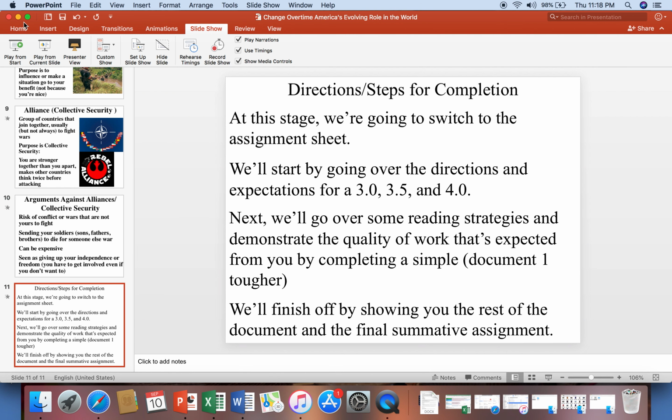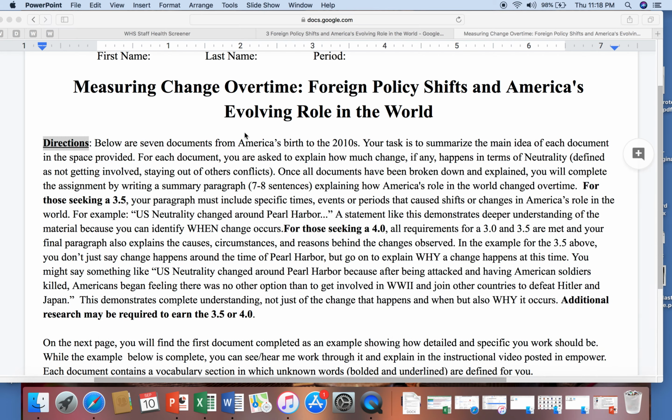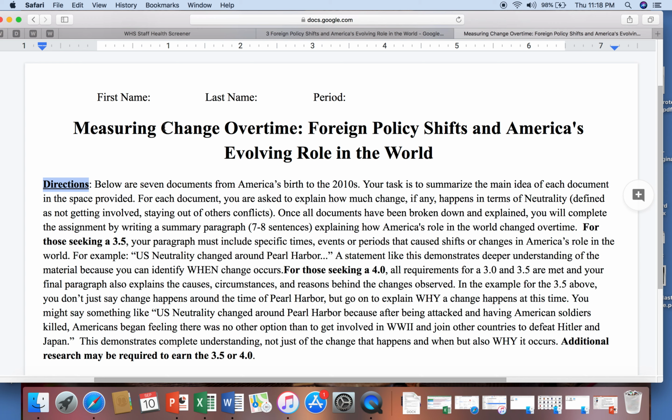All right. So once you go to Empower and open the sheet, it's going to open up in Google Docs and look like this. You should see that it has the same title of the assignment that we've been talking about. So I'm going to go ahead and read the directions, but for now I'm going to skip the 3.5 and the 4.0 part because we'll talk about those later. So the directions. Below are 7 documents from America's birth to the 2010s. Your task is to summarize the main idea of each document in the space provided.